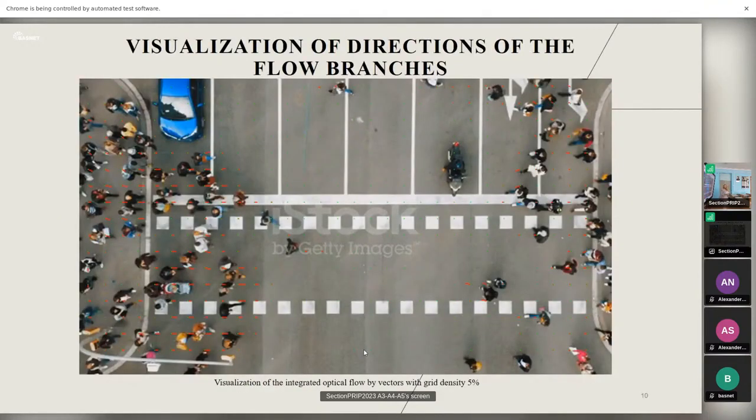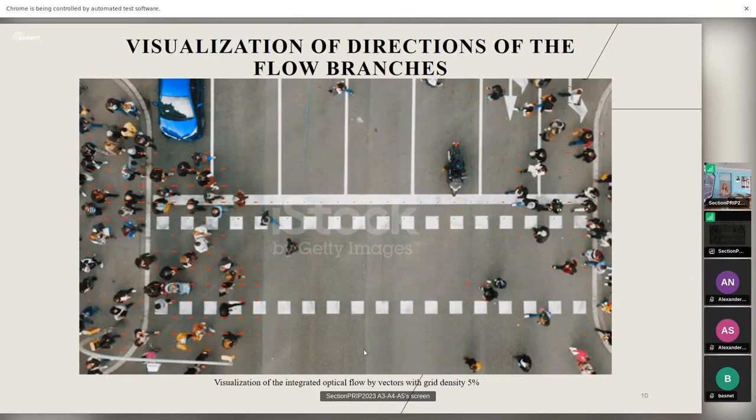For visualization of directions on the flow branches, a pixel density was chosen. Pixel density is the ratio of the grid of pixels to the whole number of pixels in the frame. With a small density, you can see green dots and red arrows showing the direction of the movement.